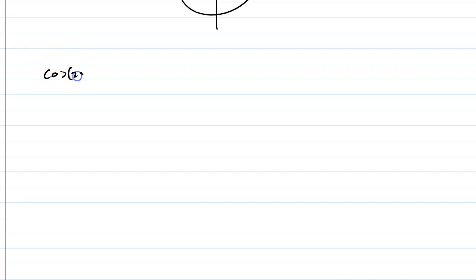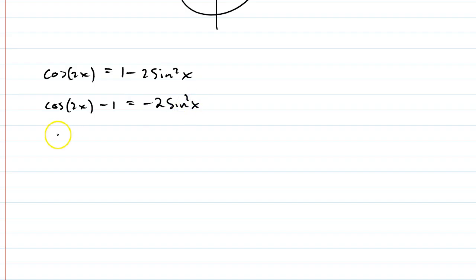First, start off with one of the three double angle formulas. Okay? Now, what we're going to do is rewrite it in terms of sine. So first of all, I'm going to subtract 1. Then I'm going to divide by negative 2.